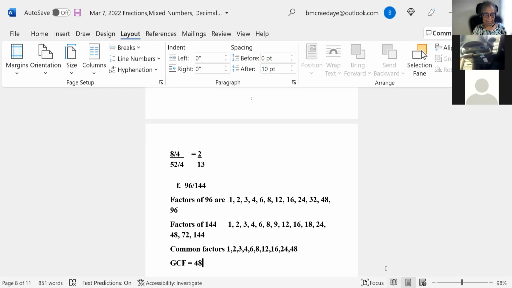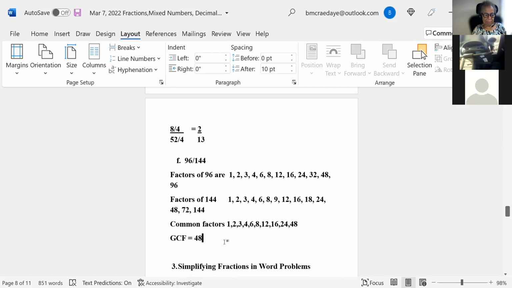So now divide the 48 into 96 over 144, and what do you get? Divide 96 by 48. That's 2, and that's a prime number.